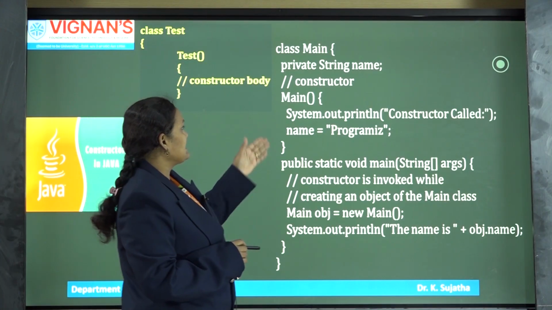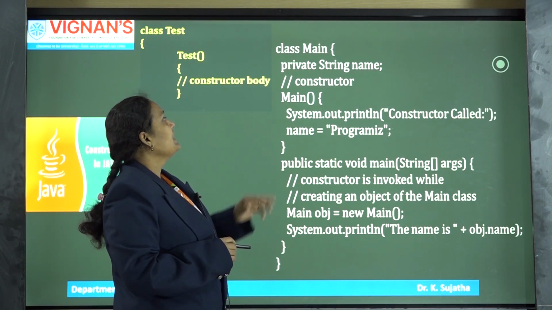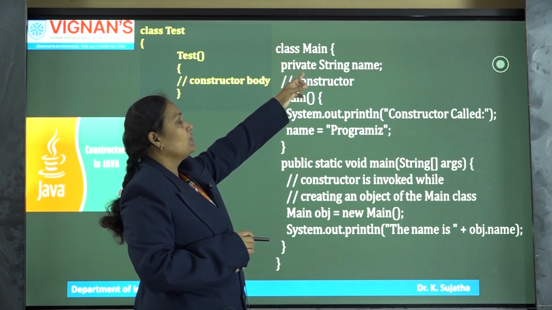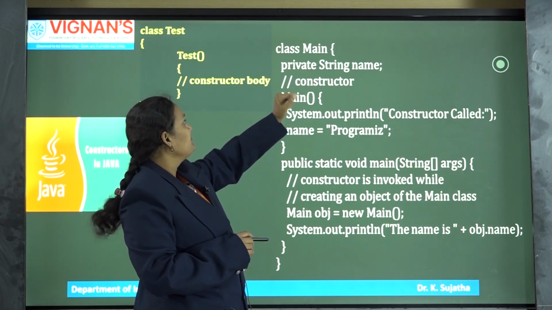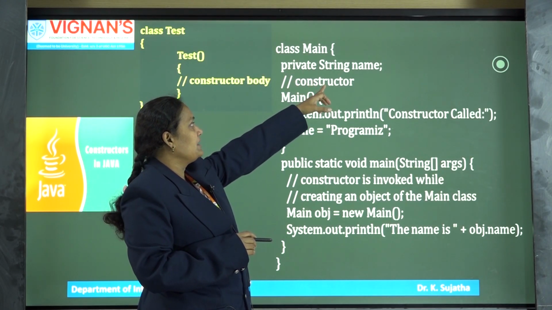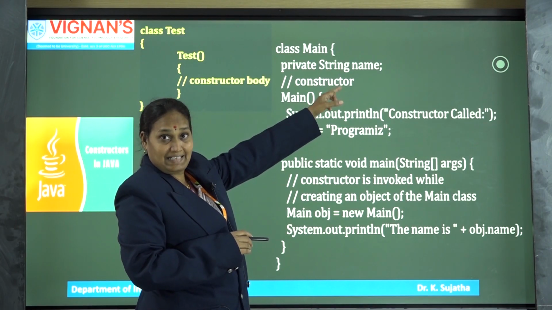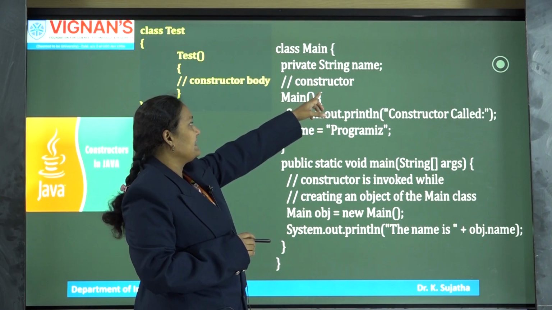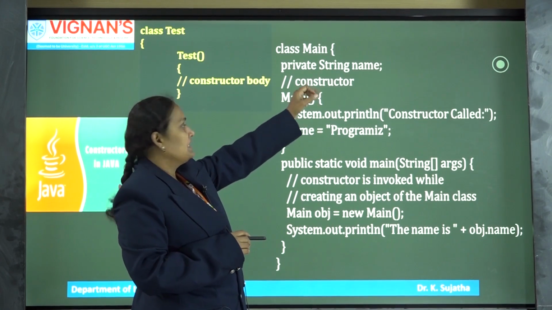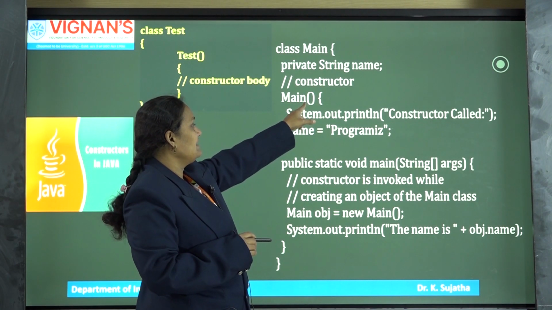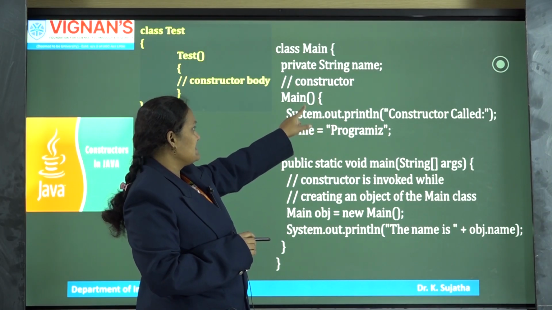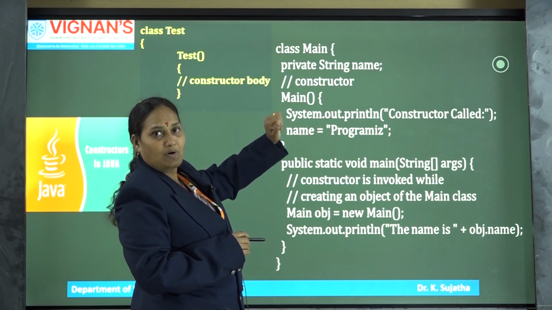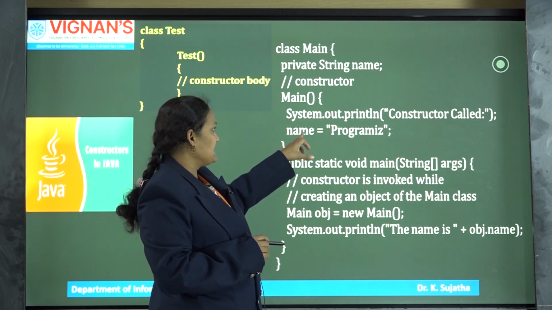Now here you can see an example program in Java. I have written a class whose name is Main, which contains a variable called name of type String, and here I am creating a constructor for this class. Main is the name of the constructor. Now in this constructor, I have written some body. This body contains two statements.